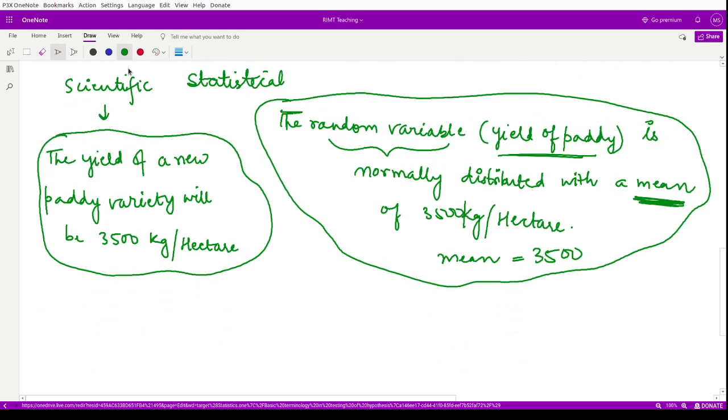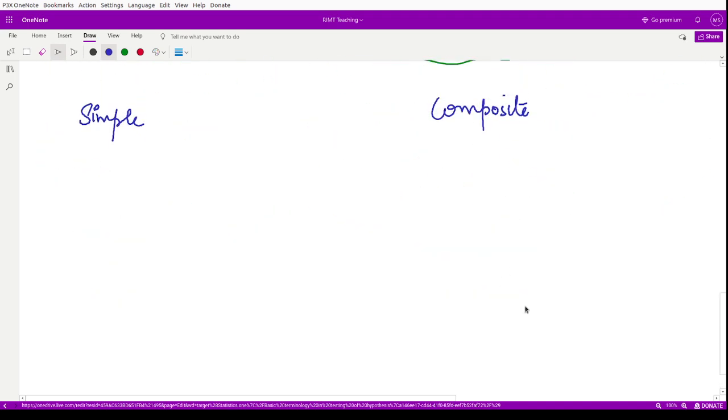Another category is that of simple hypothesis and composite hypothesis. Now what is a simple hypothesis? In simple hypothesis, these basically are the portions of statistical hypothesis.